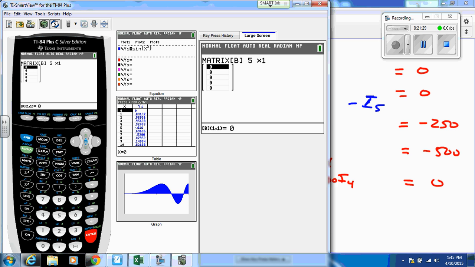Are they all 0? No, I think they are what you said they were. 0, 0. Because it's 5 by 1. The 5 refers to the rows, the 1 refers to the columns. So it's row column.